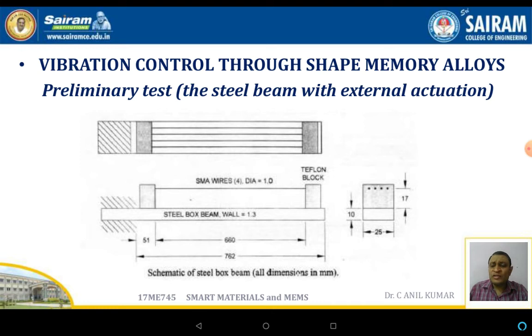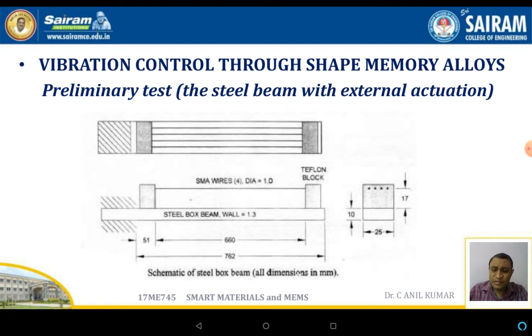Now, in the further slides, what we are discussing is vibration control through the shape memory alloy. The first and foremost basic thing here is the preliminary test, the steel beam with an external actuation. The schematic diagram shows a cantilever beam.